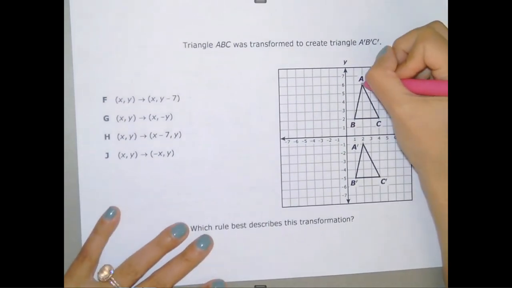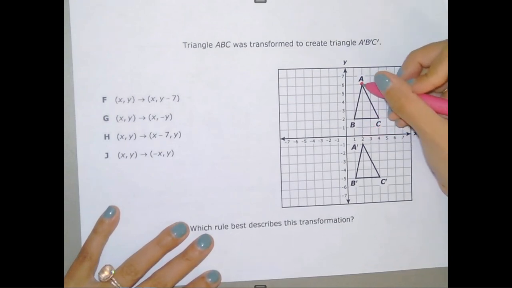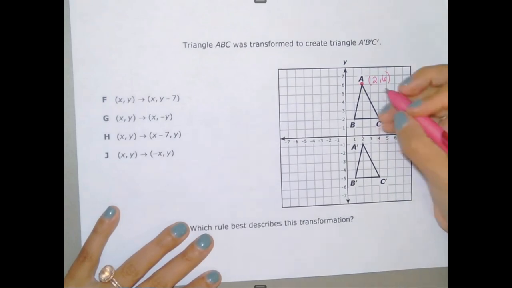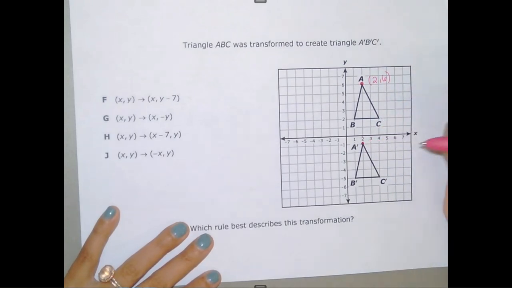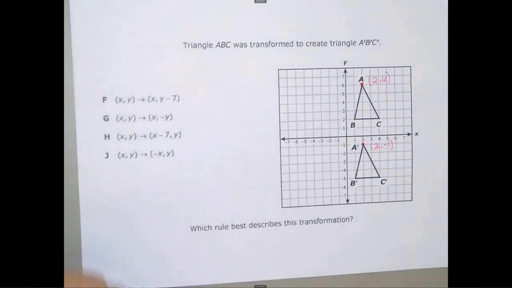So here is my original A coordinate. It is at 2, 6. Here is my A prime coordinate. It is at 2, negative 1. So what I can see that happened was that I took my shape and I slid it down.